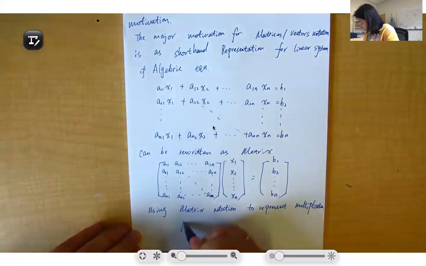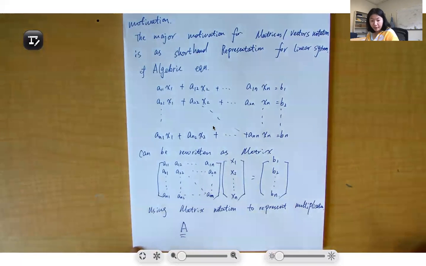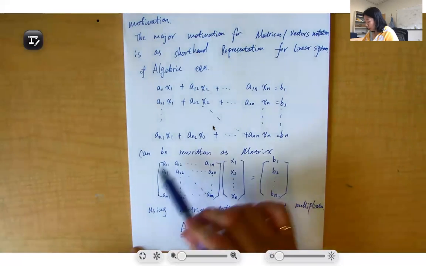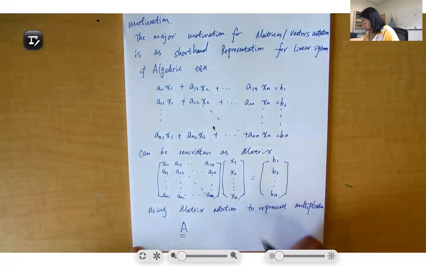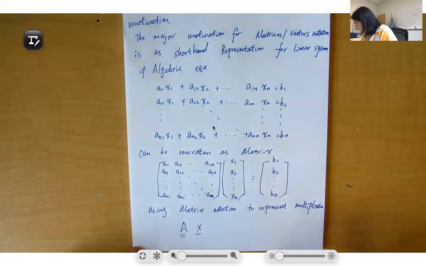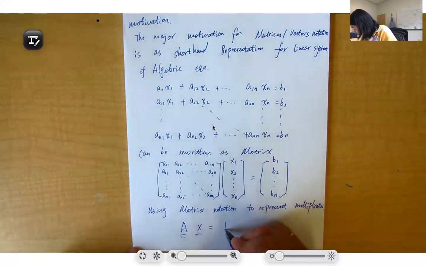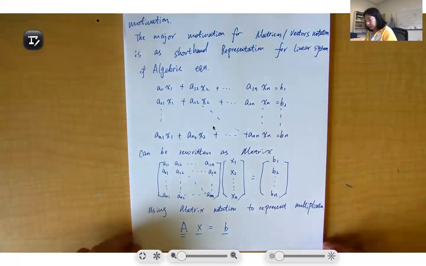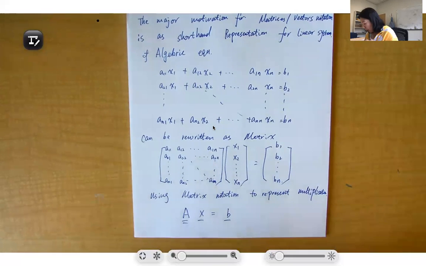Here, this A with two underlines represents this coefficient 2D matrix. The x is a column matrix, A times x will be equal to your final b, which is a 1D matrix. And you can check your dimension whether that is right or wrong.